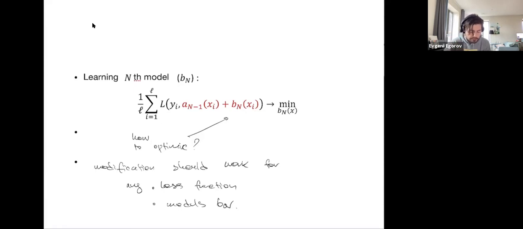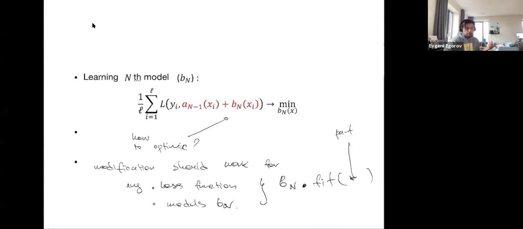This is quite a restrictive assumption on what modification we can do. Let's assume B_n is some model from sklearn, and it has the method fit. We would like to modify only this part and keep all the routine inside fit the same.